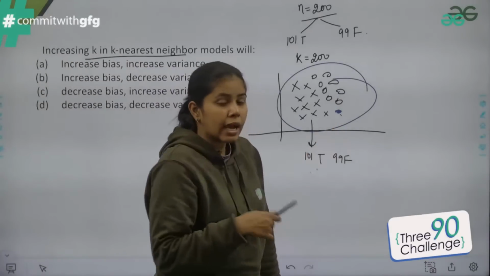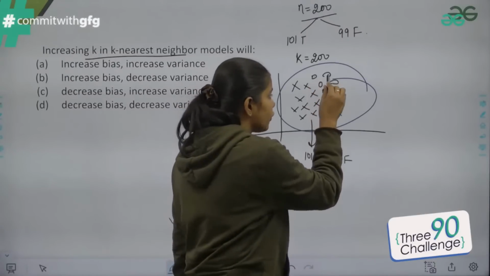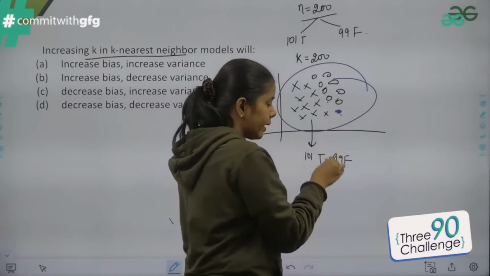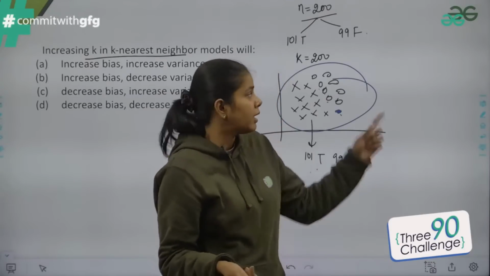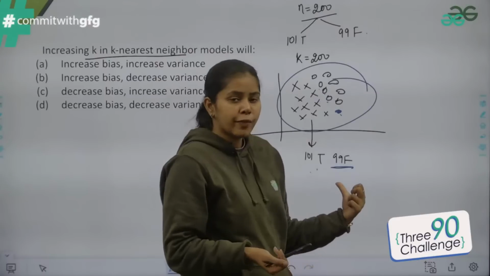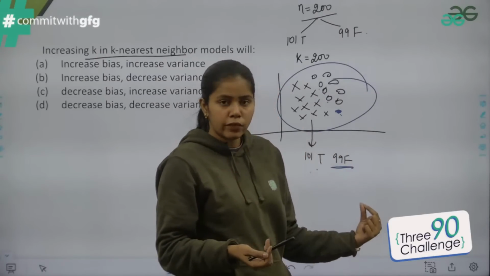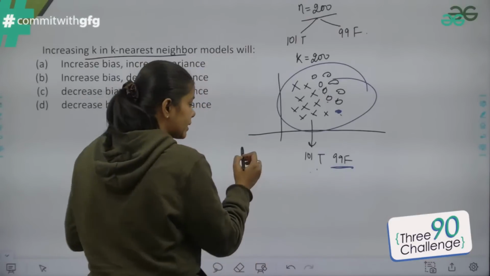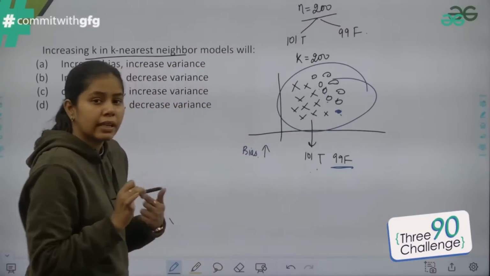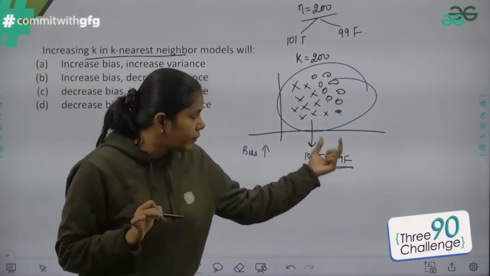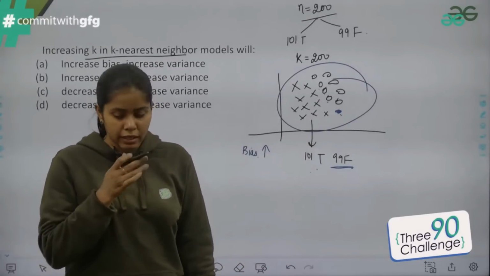So for every value I am getting a true answer. For all these 99 false points as well, checking again using my model with k equals 200, 101 are true, so it would assign a true value to all of them. So in this case my bias gets increased. That means my training error increased, because for all the 99 values I am getting the wrong answer. They are already false, but I am getting true.